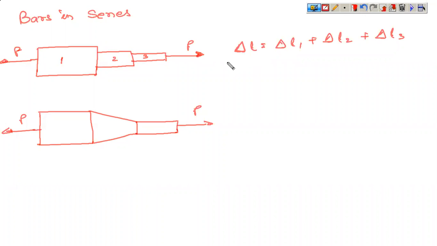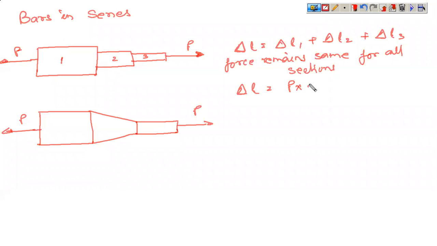So here force remains same for all sections. So all sections are subjected to the same force. So what happens is delta L here becomes equal to P into, let us say body 1 has length L1, the body 1 has a different area A1, and let us say it is made up of a different material also.